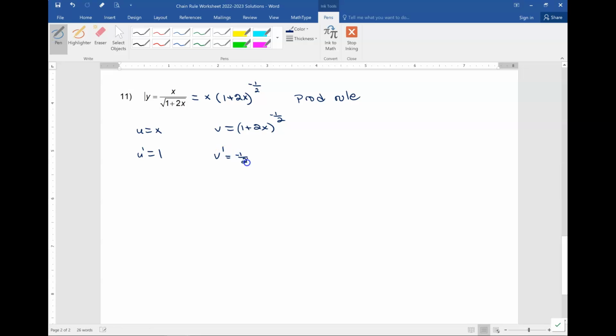So we're going to have 1 plus 2x to the power of what? Negative 3 over 2, times 2 because of the inside. So really, these will cancel. So V prime is negative 1 plus 2x to the negative 3 over 2.